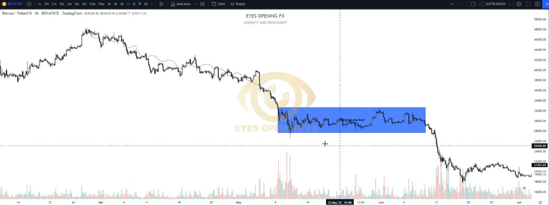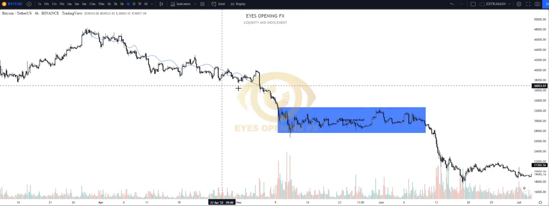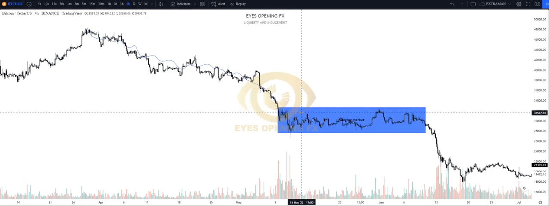Always note that whenever the market is trapped within a range, with time a trending market will come out. Without trending there will not be ranging, and without ranging there will not be trending. The two of them work together.